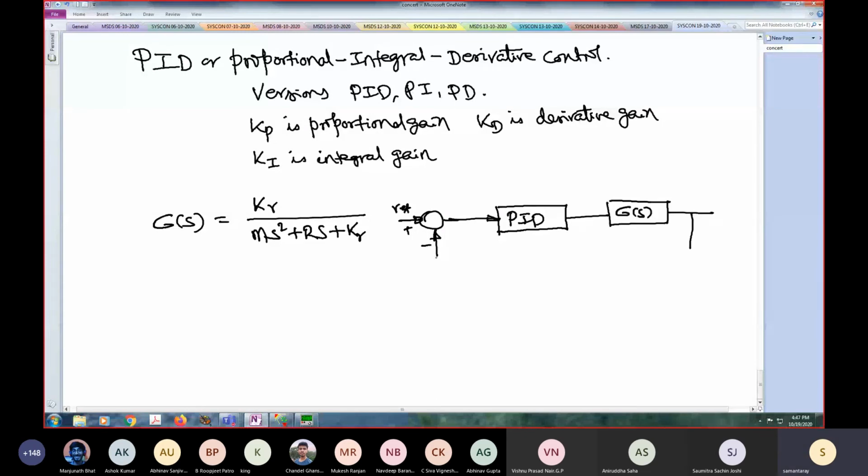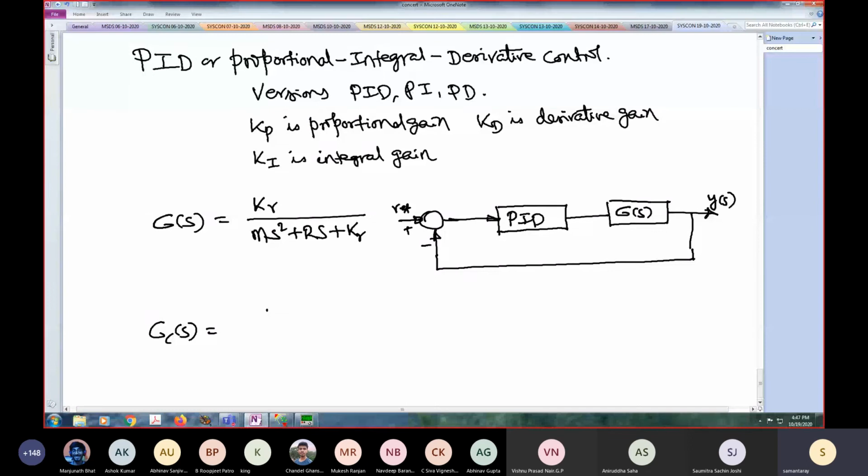GS and straight feedback. So if this is the case, what do we get? This closed loop is PID multiplied, so Kr.